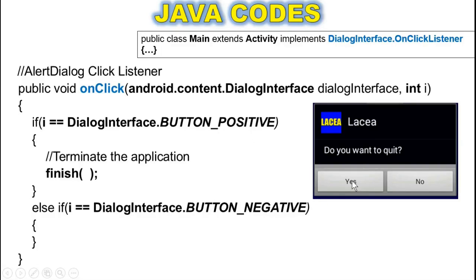If I click yes, it will call the method finish, and it will terminate our Android mobile app. Otherwise, if the user touches the no button, it does not do anything. It will not yet terminate our mobile app.